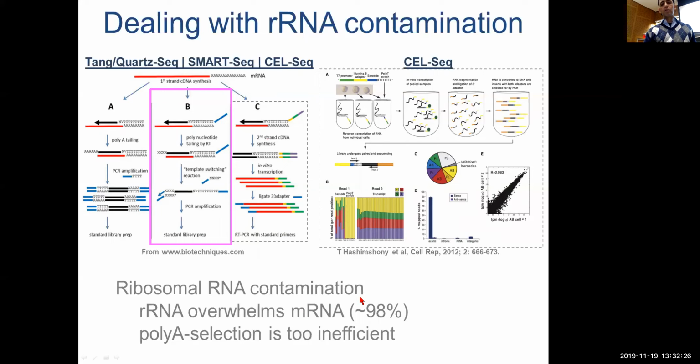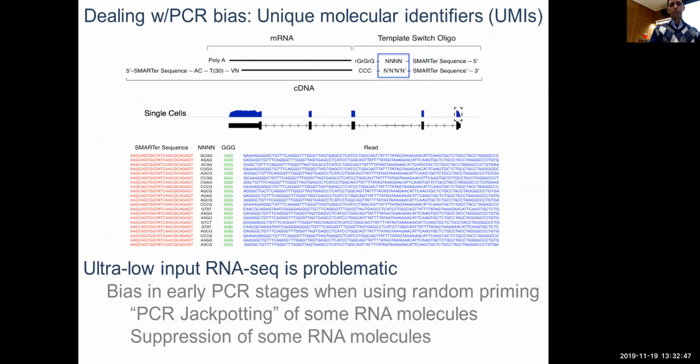And there are many ways to deal with this. One way is to specifically cut out the ribosomal RNA. Another is to enrich for polyadenylated transcripts, which include the mRNAs for all of the protein coding genes, as well as long non-coding RNAs, but it excludes many, many families of non-coding RNAs.